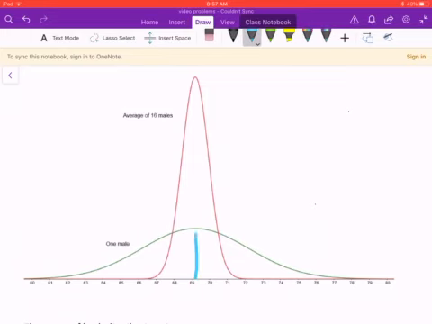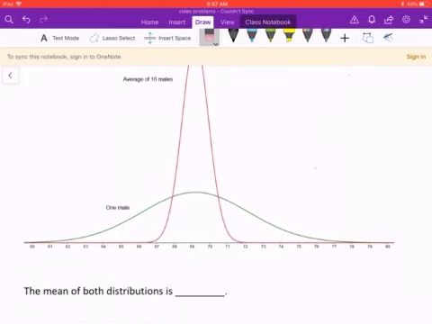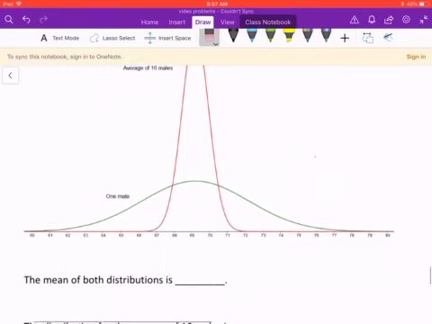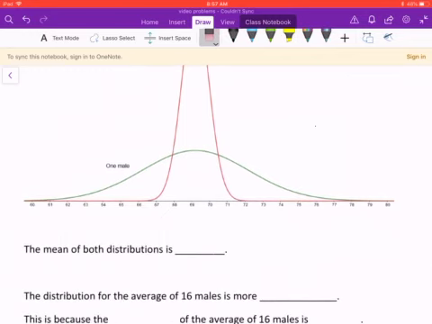You also can see that 69.2 is the mean for both of those. That's the center of both of these distributions. But the red distribution is so much more steep and narrow because when you average up 16 people's heights, it's not so likely that you're going to have cases where it's 74 or 61. It's not unlikely to select a single person in those values, but to average 16 people up and have their average be that high or low value, it's going to be pretty unlikely.